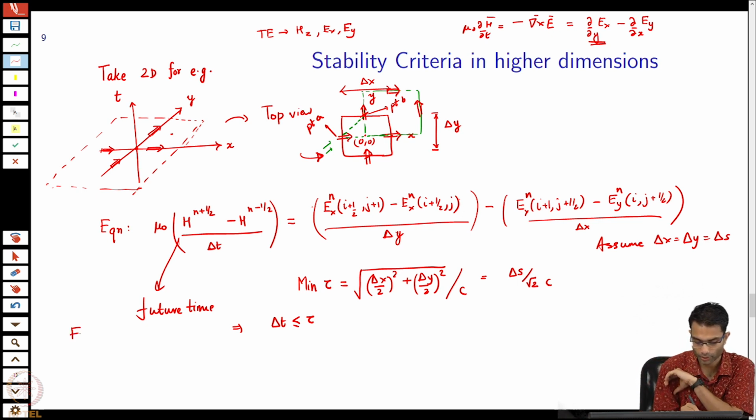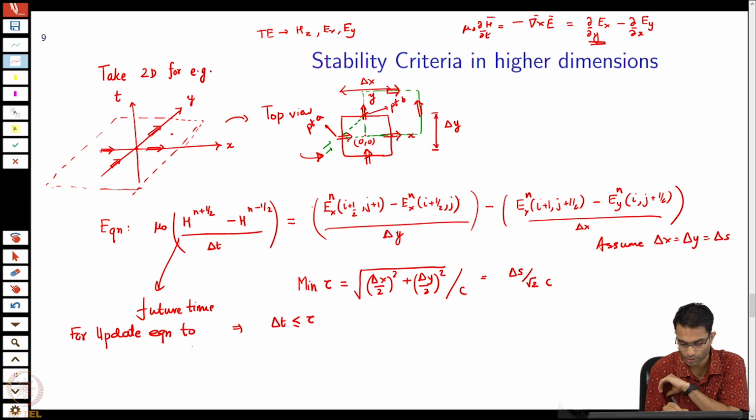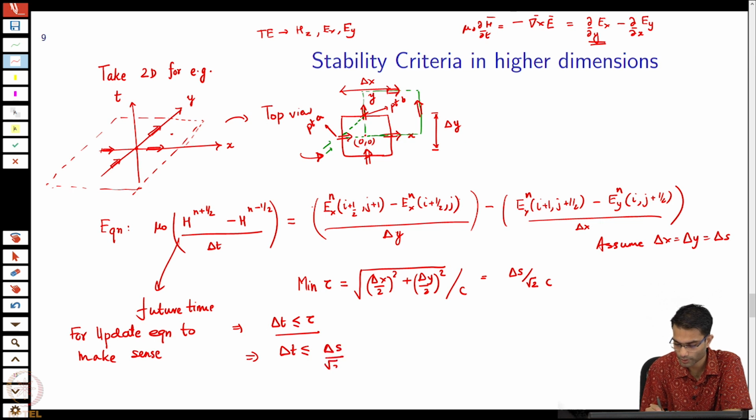and for the update equation to make sense, this delta t should be less than tau. So, it implies that delta t is less than or equal to delta s by square root 2 c. Okay.